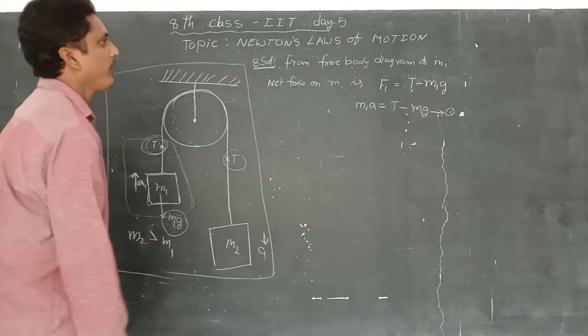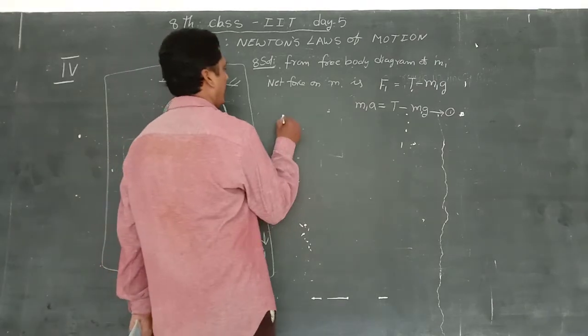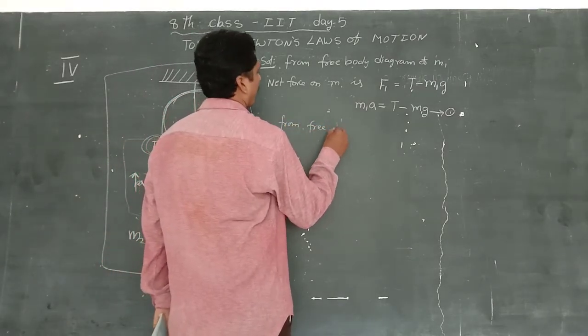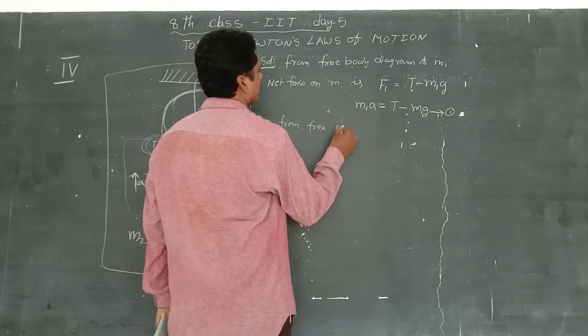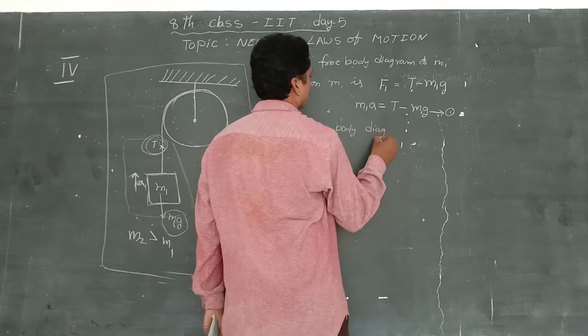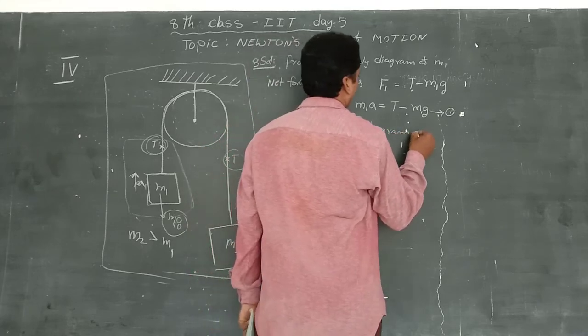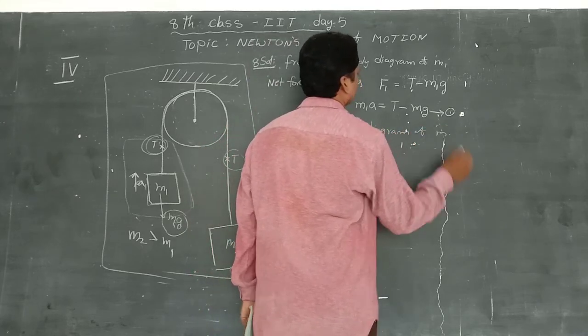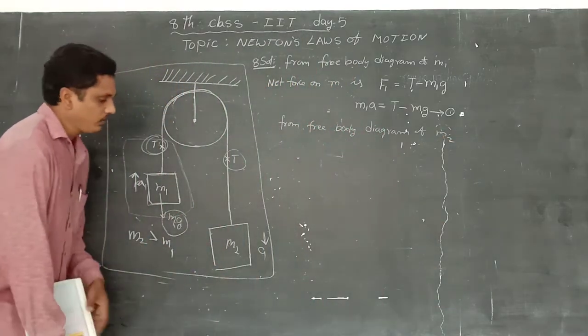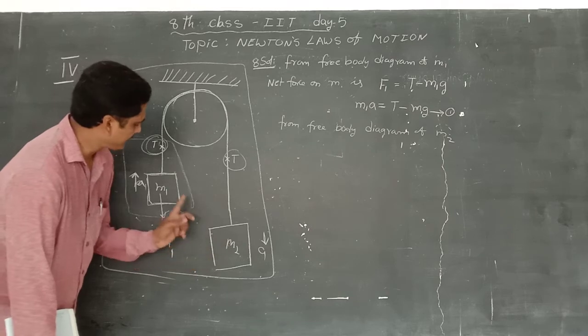Next, from free body diagram of M2. Look here, M2 is greater than M1.